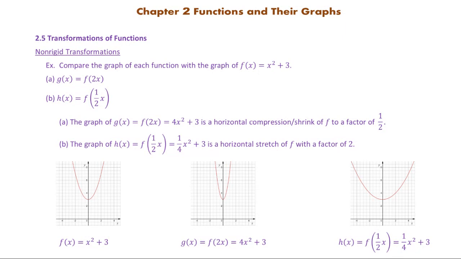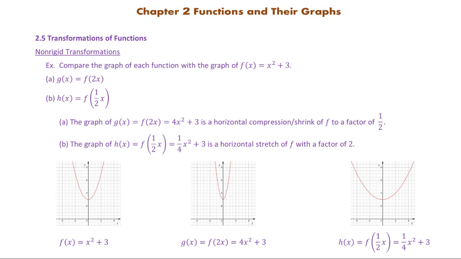Okay, so g is f of 2x, so you are basically multiplying the variable x by a factor of 2. In this case, we're going to do the non-rigid transformation horizontally. Again, this is not shifting, it's not reflecting, it's compression or stretching.